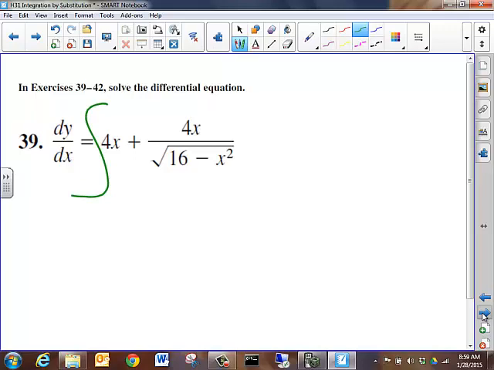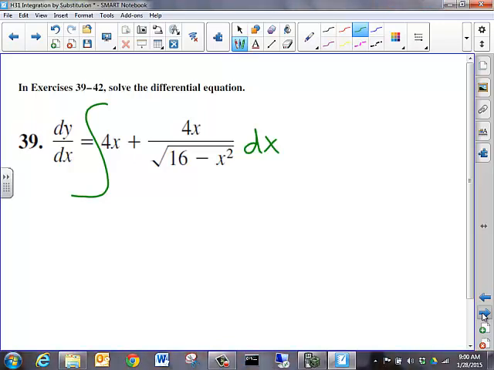How are we going to integrate 4x plus 4x over the square root of 16 minus x squared? It's 4x times 1 plus 16 minus x squared to the negative 1/2 now.